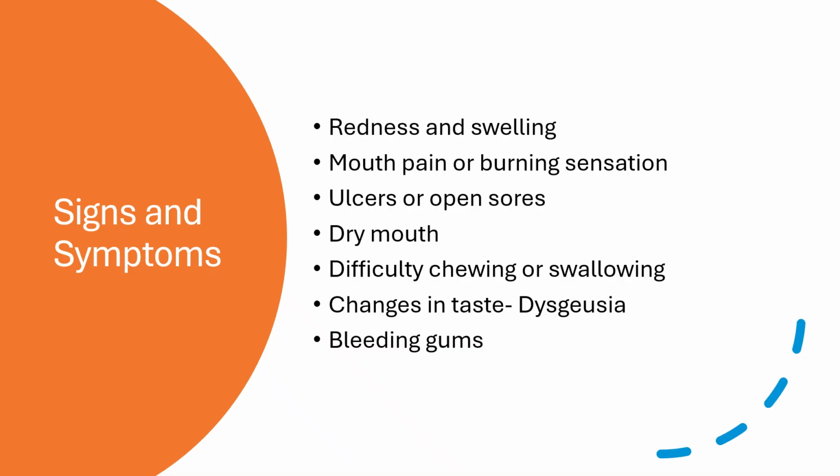You notice that after chemotherapy, food will not taste the same, and this is because chemotherapy changes your taste buds, a term called dysgeusia. But again, good oral care can help that. Bleeding of gums and teeth can happen too. So those are some of the signs and symptoms of mucositis.